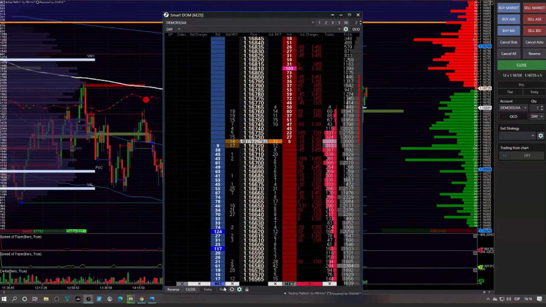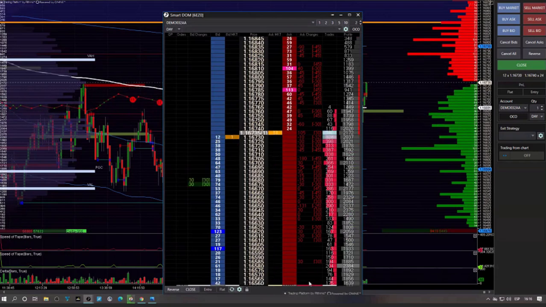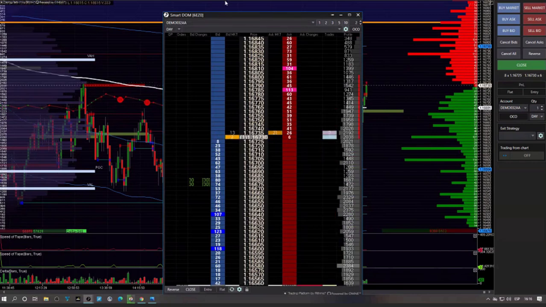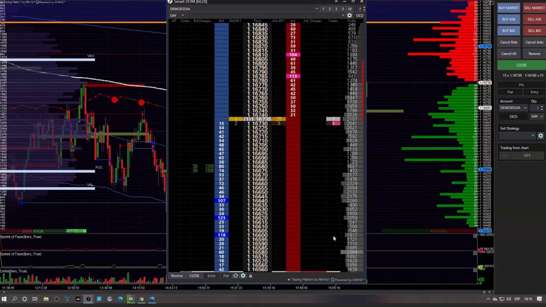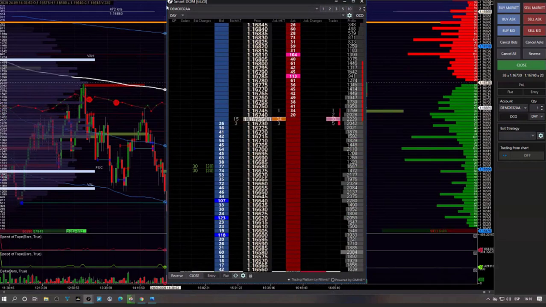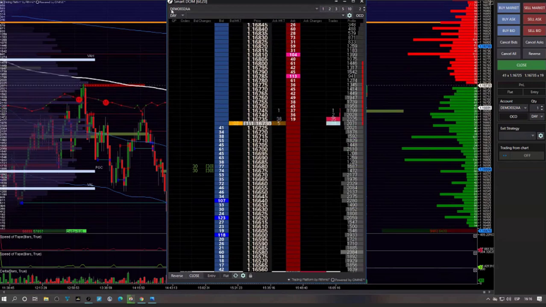To have these tools requires market data. In this case, I'm using the data from Rhythmic. Everything I see here is from Rhythmic.